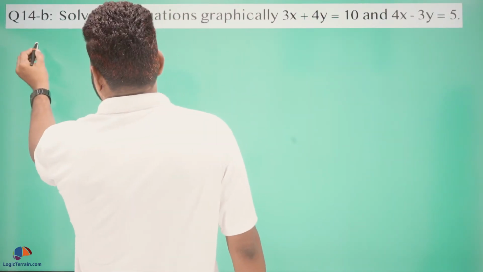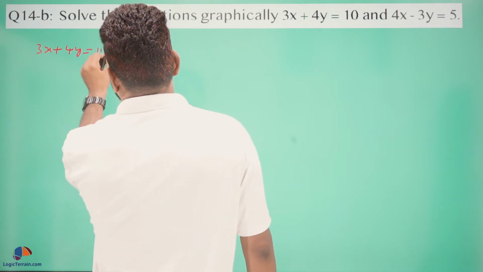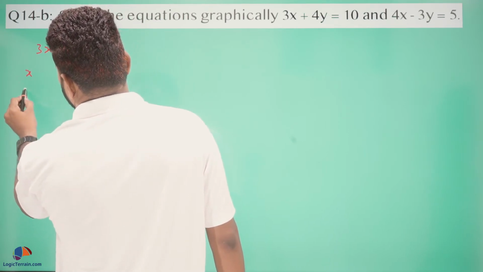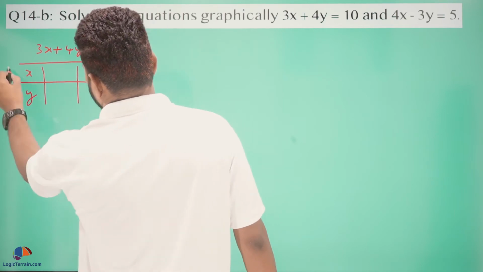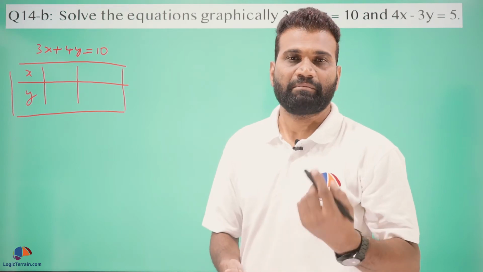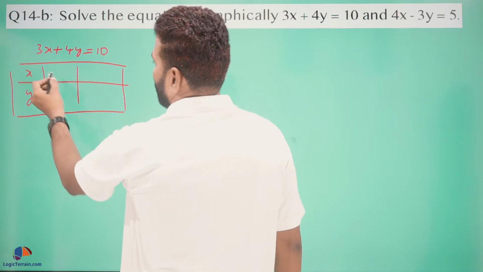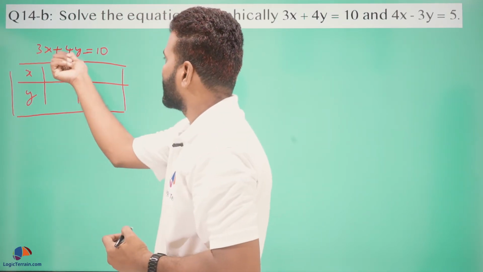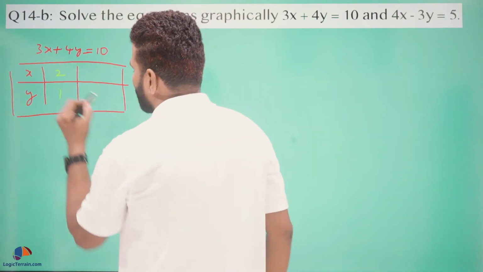Okay, let us consider the first linear equation, that is 3x plus 4y equals 10. We need to find the x value and y value, that is the x coordinate and y coordinate. And we know that to draw a straight line we need a minimum of 2 points. Let's find those 2 points. Let x equal 2: 3 twos are 6, and to get 10, what must be the y value? y is 1.